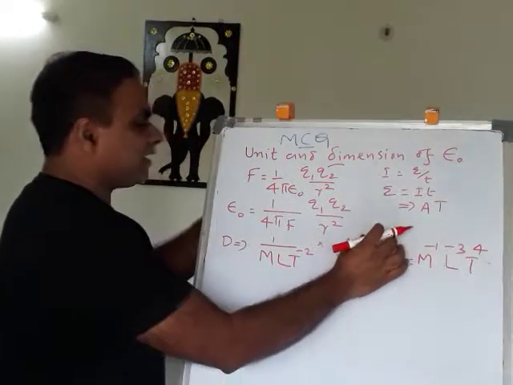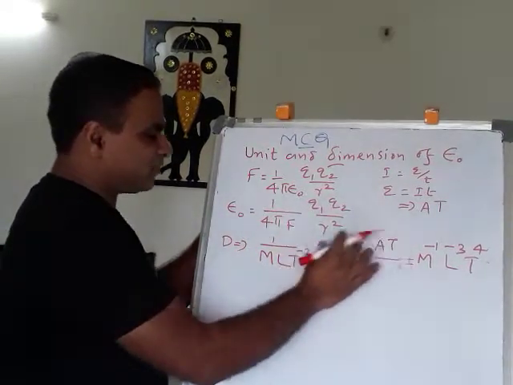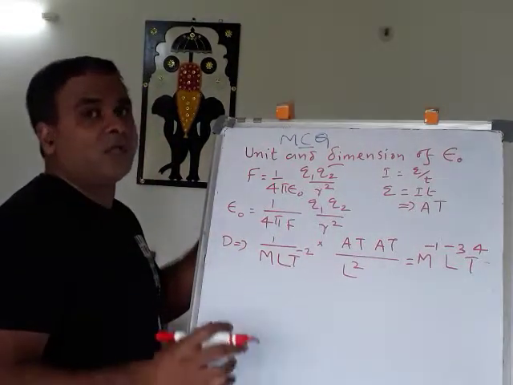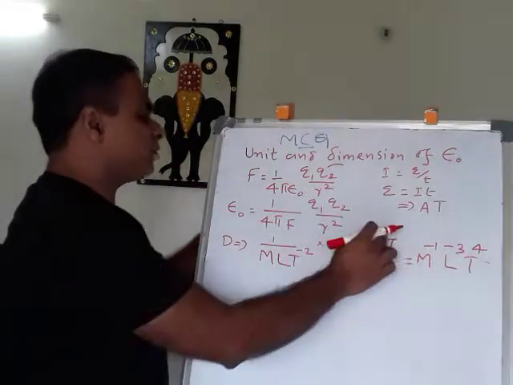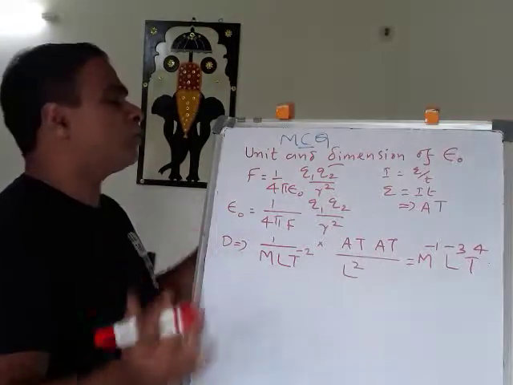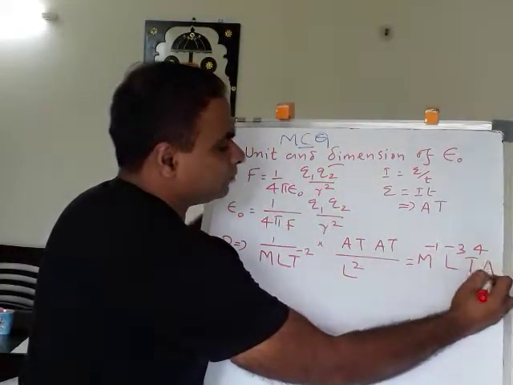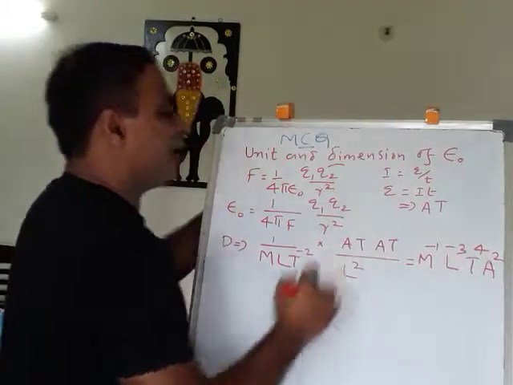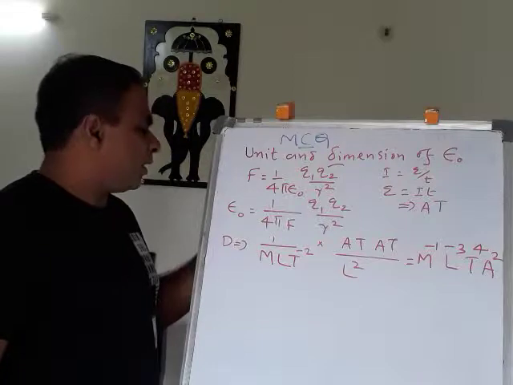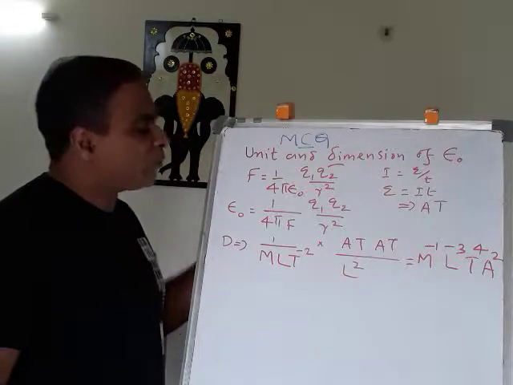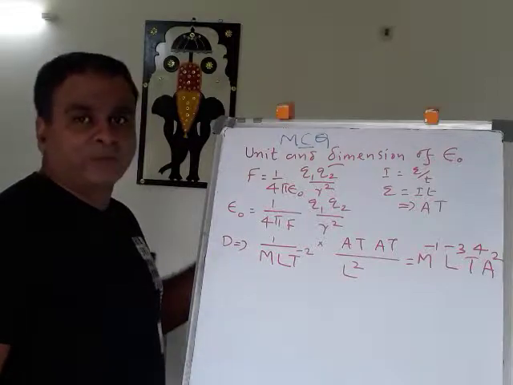Or you can do it the other way: A raised to m by A raised to n is A raised to m minus n, so 2 minus minus 2, that is 2 plus 2, again 4. Then A into A is A square. This is the dimension for epsilon 0: M raised to minus 1, L raised to minus 3, T raised to 4, A square.